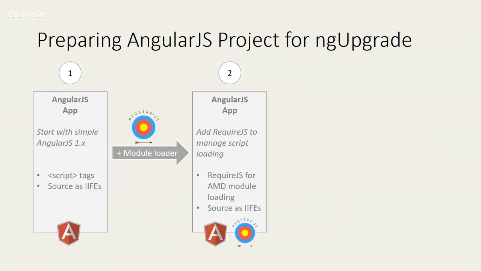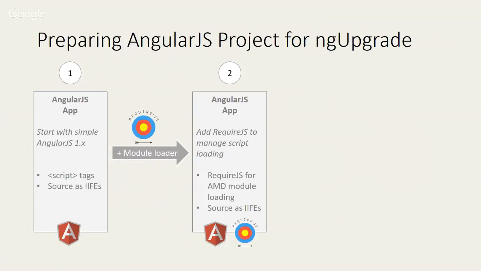So at this point, we're going to have require.js handling our module loading using the AMD pattern, which is asynchronous module definition, unlike universal module definition, UMD, which you may see in system.js. And then we're still going to have our AngularJS source code just like we had it in part one.